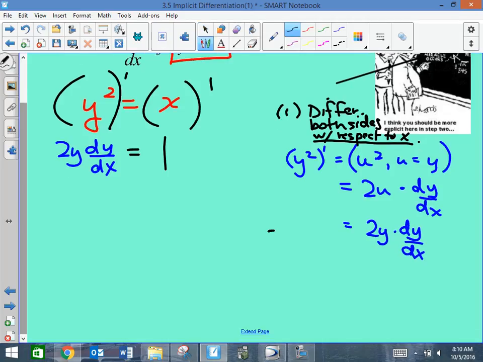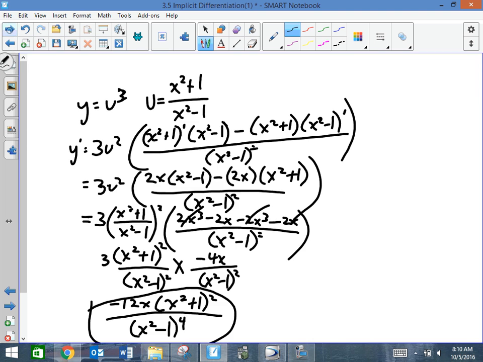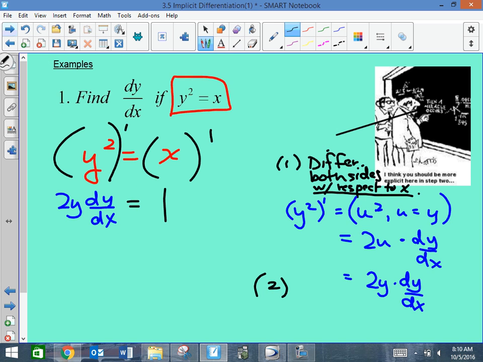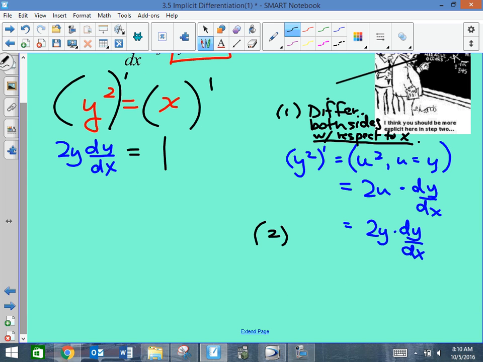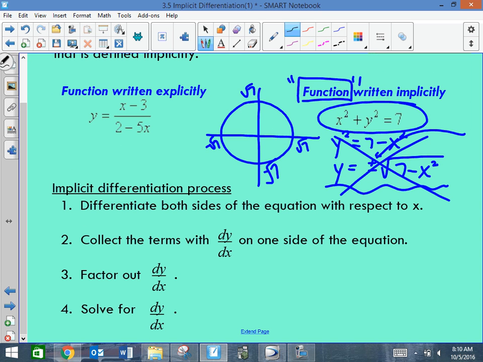Step 2 says get all the dy dx's together. There's only one, so it's already done. Then it says also factor, but basically we're going to solve for dy dx. In this case, if you look, factoring out, it's really already factored and then solved.